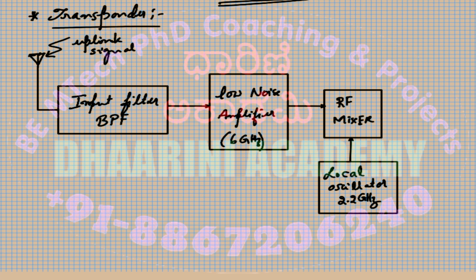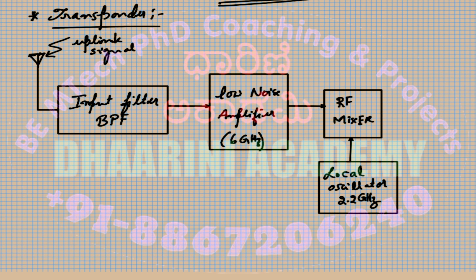This local oscillator is required. So the incoming frequency at the output of the low noise amplifier will be multiplied with a 2.2 gigahertz local oscillator signal to get a low frequency and a high frequency component. Out of which, we have one option here.